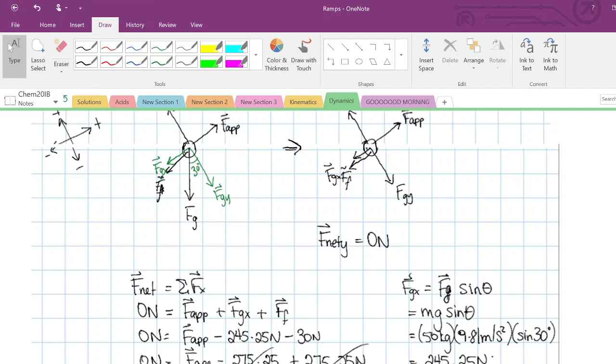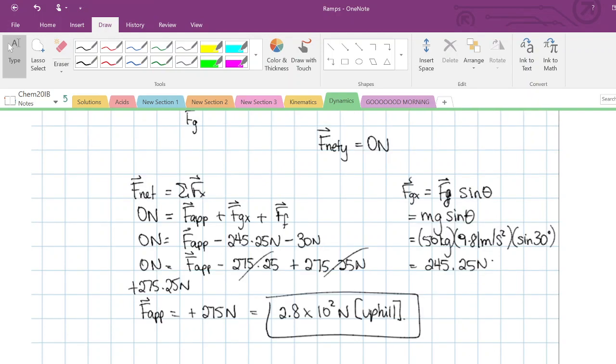If I insert my values, I've got 0 newtons equals force applied minus 245.25 newtons. I've calculated that over here on the side for you so that you can see how I arrived at that. But that's something that typically we're just inserting straight into our sum of the forces equation. And then I know friction is negative 30 newtons. Both of these are negative only because I said downhill is negative.